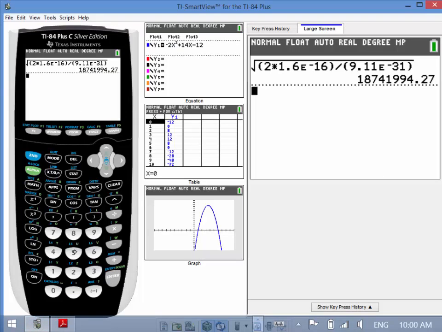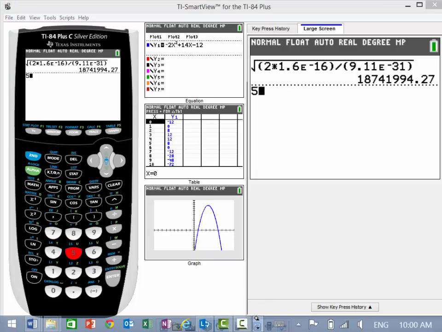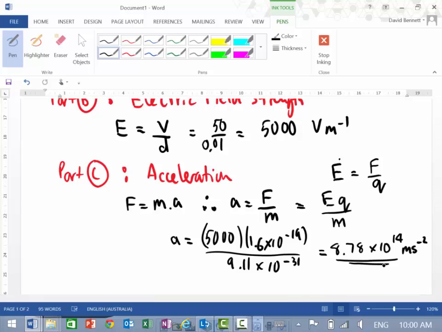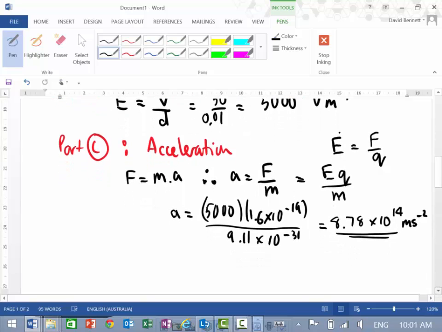So it's 8.78 by 10 to the 14 metres per second squared. It's an acceleration due to the electric field. It's not a huge voltage, but it's not a very big gap either. So that's part C, going through the acceleration.